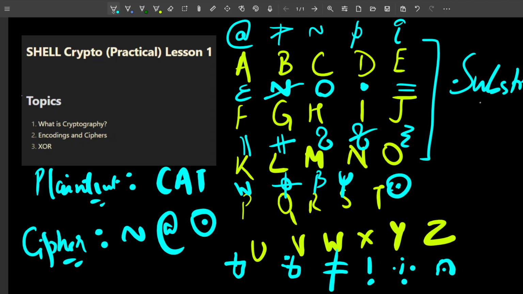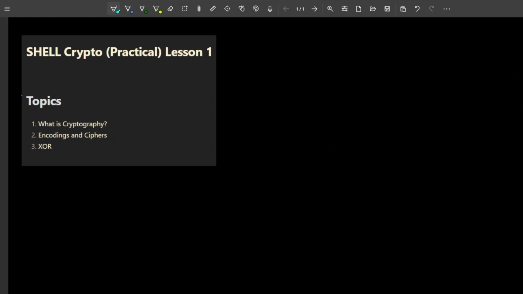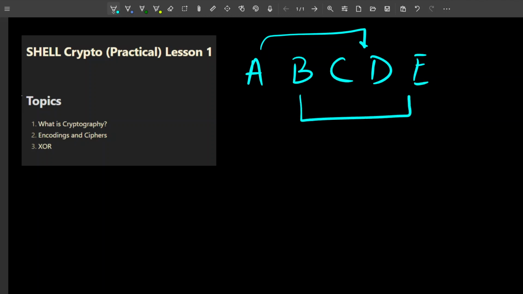However, instead of replacing these things with made up symbols, we can even replace one letter with another letter of the English alphabet itself. So say we can replace A with a D, we can replace B with an E, we can replace C with an F, and D with a G, and like that.